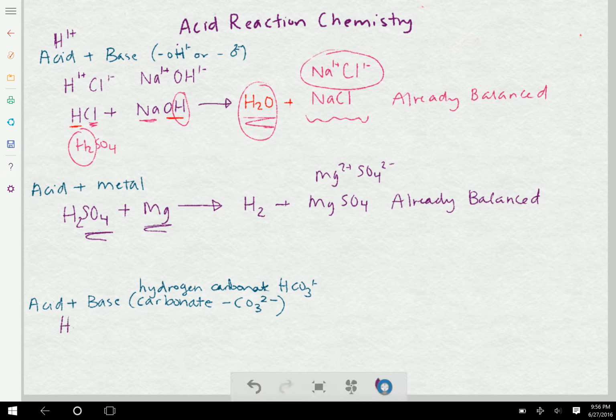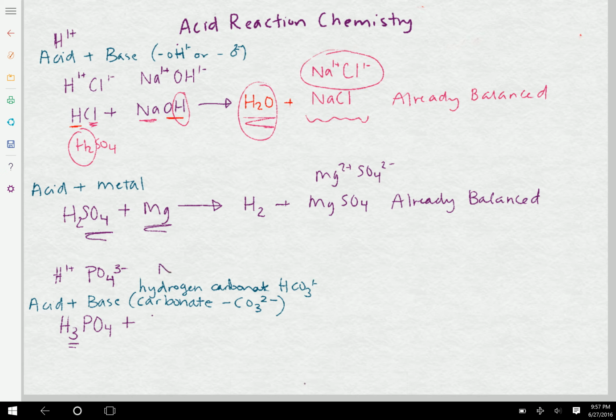H3PO4, some phosphoric acid. We need 3 hydrogens to cancel out as their 1 positive charge, so H1 positive, with the PO4 oxidation state of 3 negative. So I need 3 positives to cancel out with the 3 negative, and that's why I have that subscripted 3. And I'm going to react with it sodium carbonate.